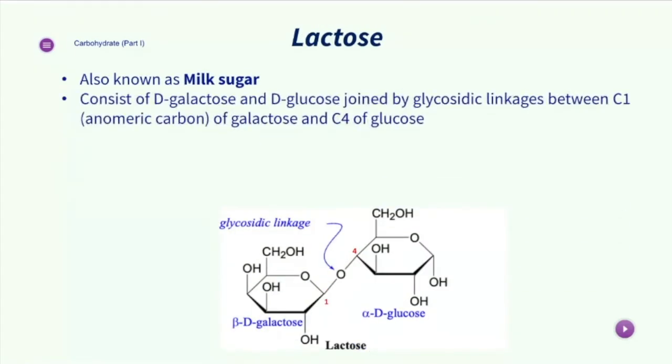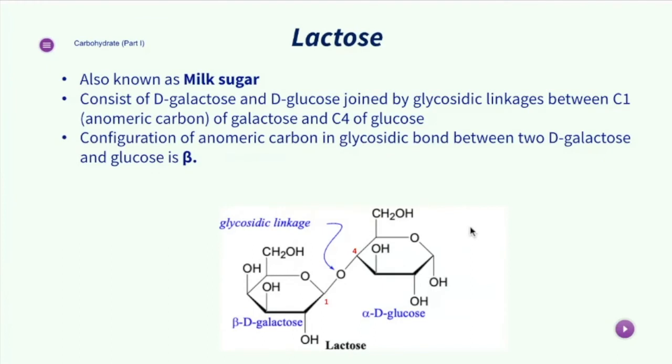Lactose, also known as milk sugar, consists of galactose and glucose joined together by a glycosidic linkage. The C1 of the galactose interacts with the C4 of the glucose. That's how it is formed. The configuration of the anomeric carbon in the glycosidic bond is beta.